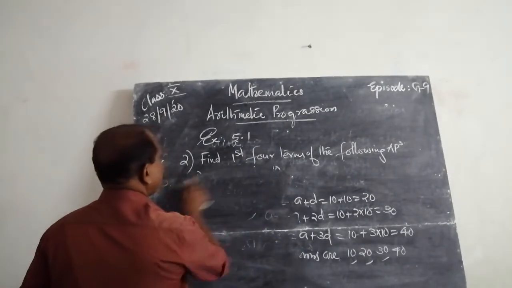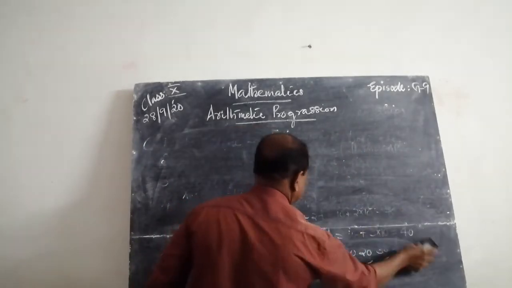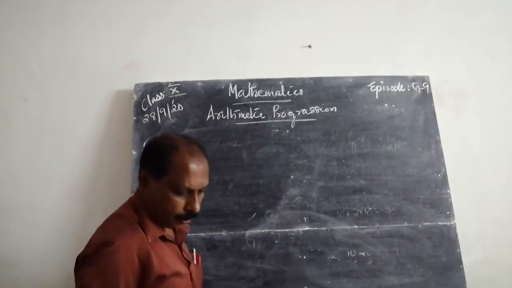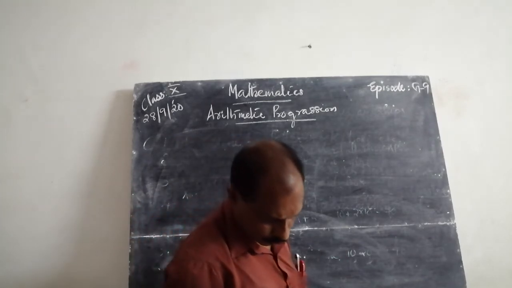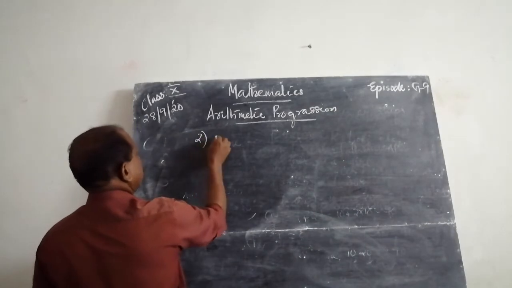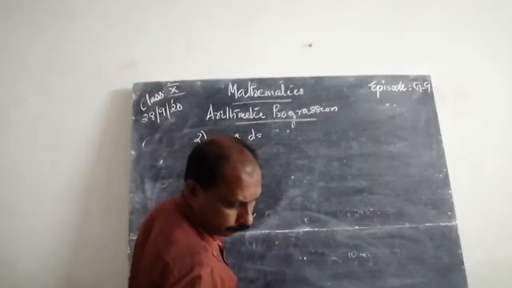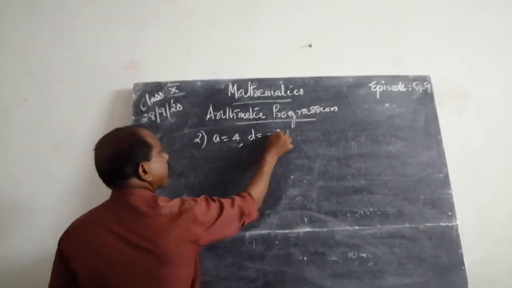Then second question, d is equal to minus 3.